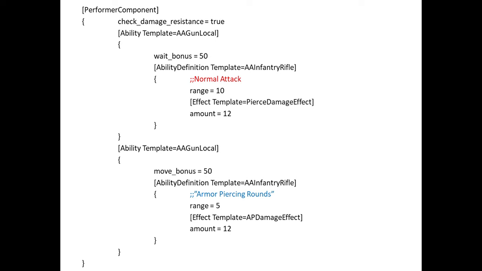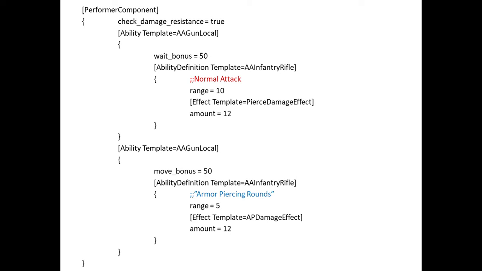Unlike the previous example, which used the Marine, bayonet setup with a move bonus of 0, in this case, if the hypothetical infantry unit we have here has a target which is resistant to its pierce damage attack, its normal attack, top here, it will move into range to use its armor piercing attack, because the move bonus of 50 in that case will be higher than the weight bonus of the normal attack.